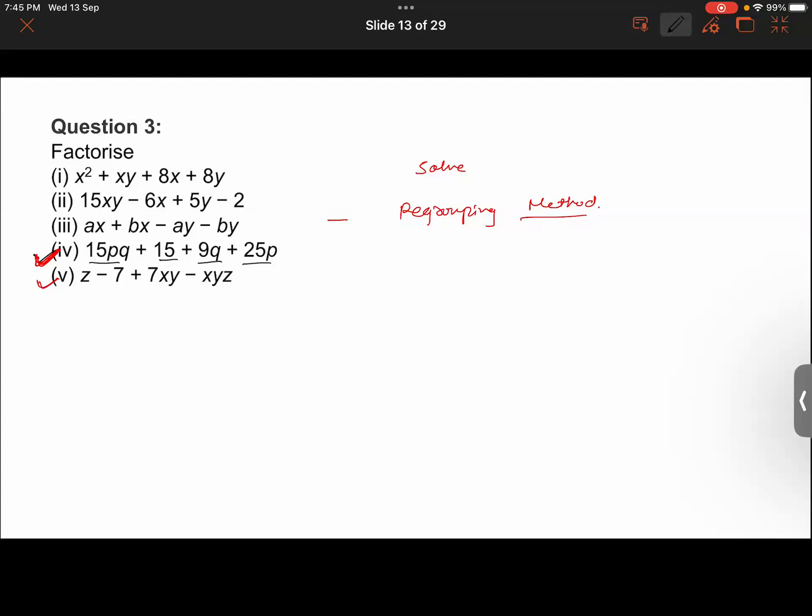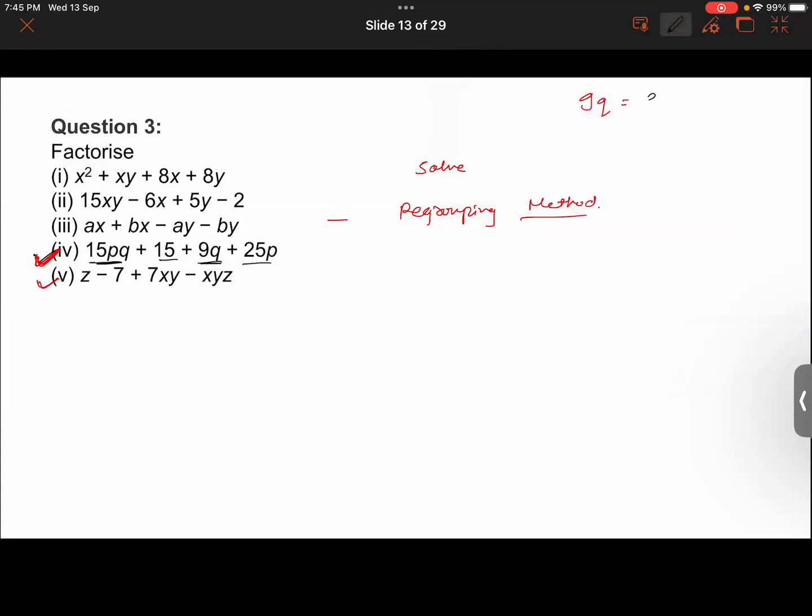For example, 15PQ and 9Q, is there something common between the two? Q. You can't take 9q and 25p together. Why? Because they have got nothing in common.